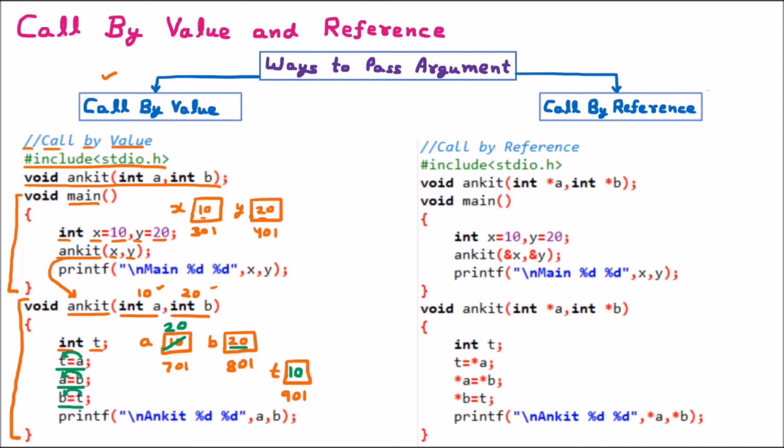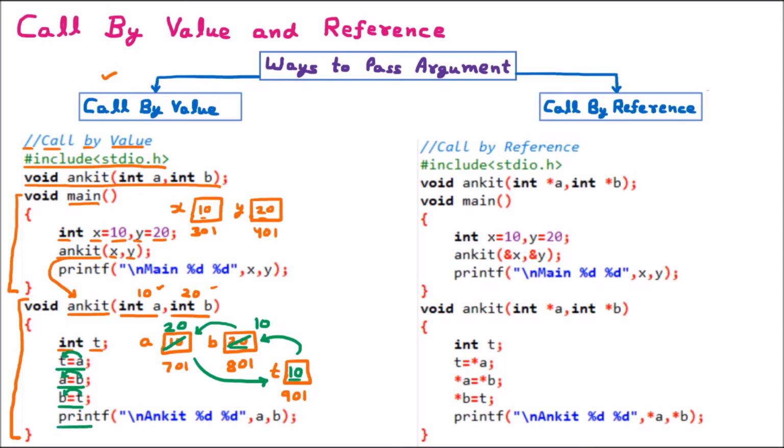That means the value of t is going to b. So here this 10 is updated to b. Understand that first the value of a is copied to t, then b's value is copied to a, then t's value is copied back to b. So this is how we have swapped these two numbers. The updated value of a is 20 and b is 10.